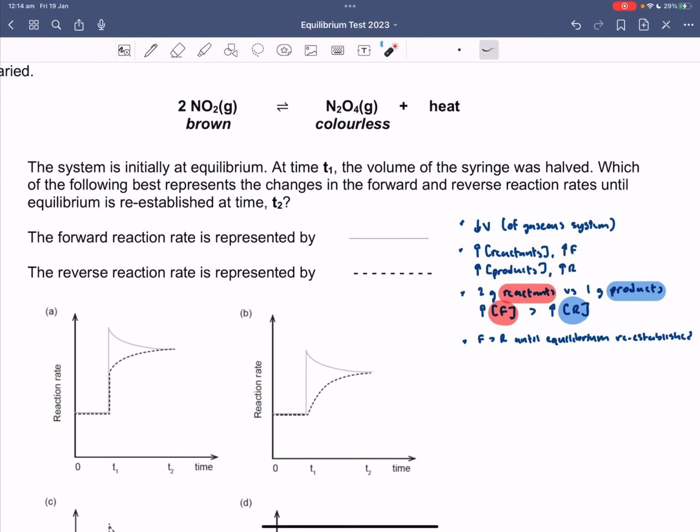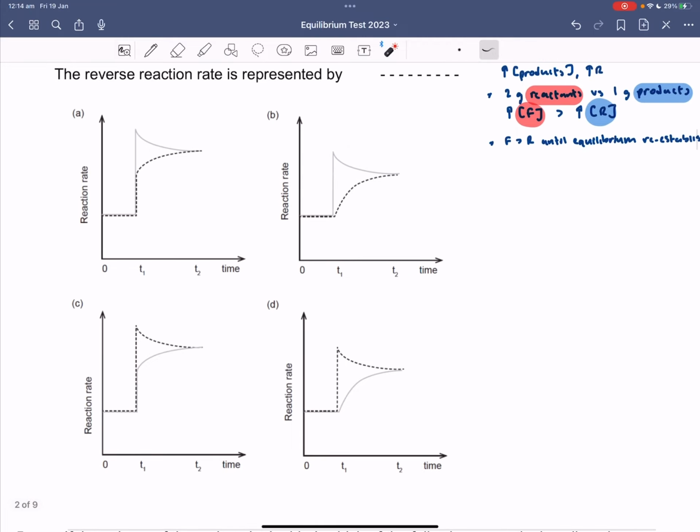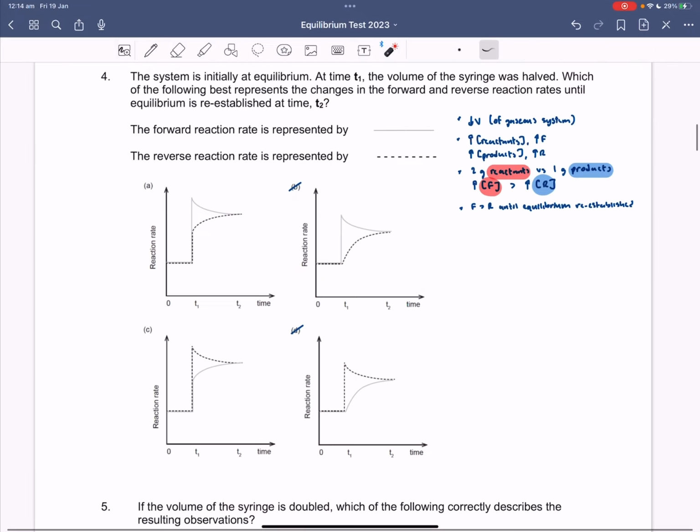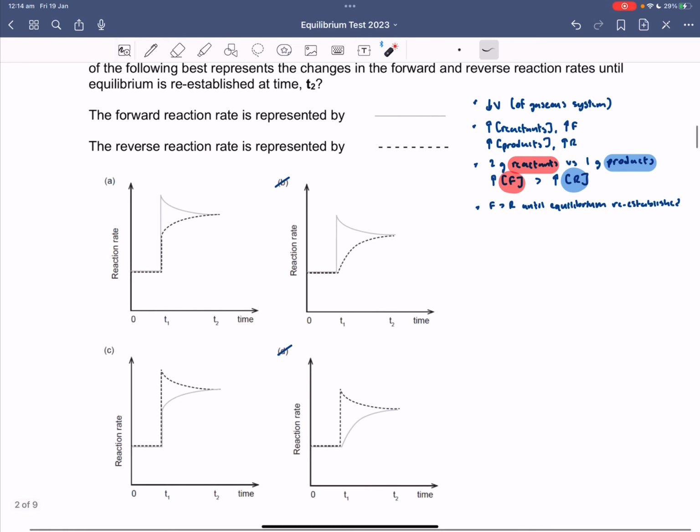So the answer cannot be B and the answer cannot be D, because in one of them this one's not spiking, and in the other one, this one's not spiking. So it's either A or C. Now, we just agreed that the forward spikes by more than the reverse, which means the solid line spikes by more than the dotted line, and effectively that means that the answer would be A.